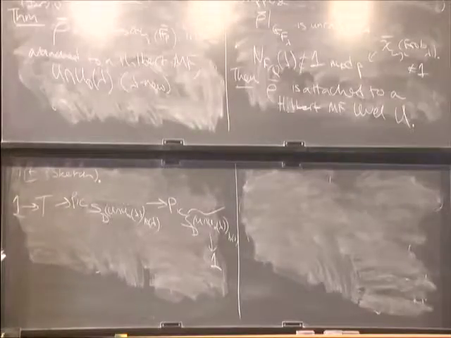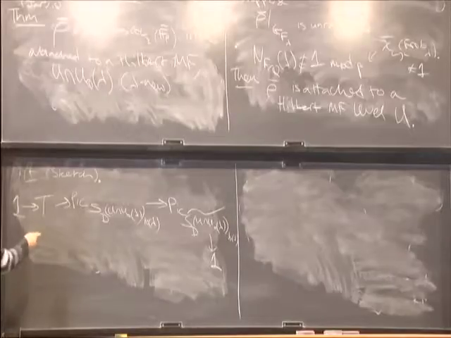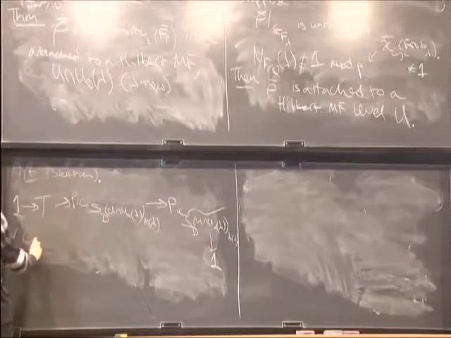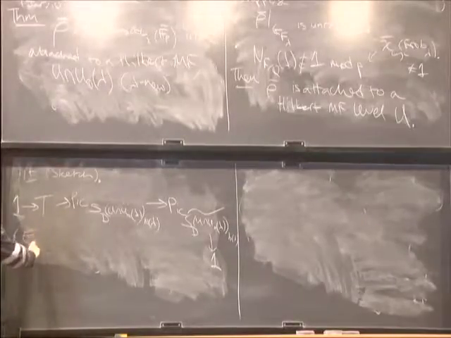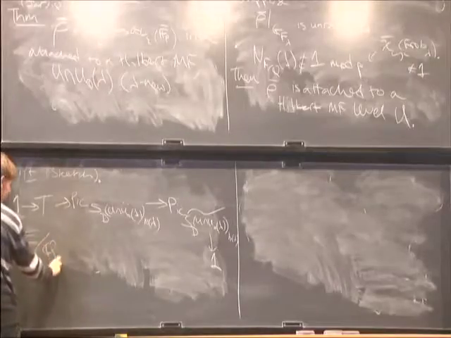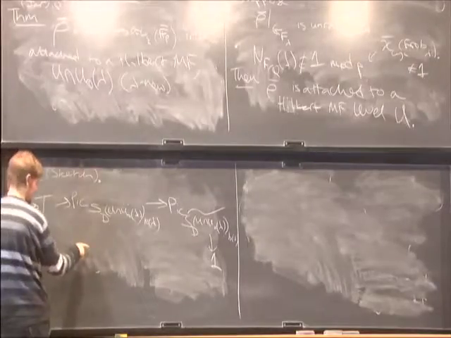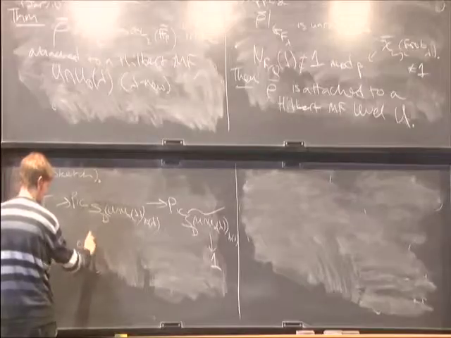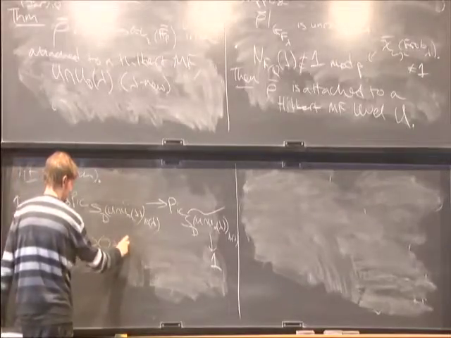And first of all I'm going to fix a coefficient field. So my coefficients are always going to be in either the field E, which is going to be some finite extension of Q p, or its ring of integers O, with uniformiser pi.